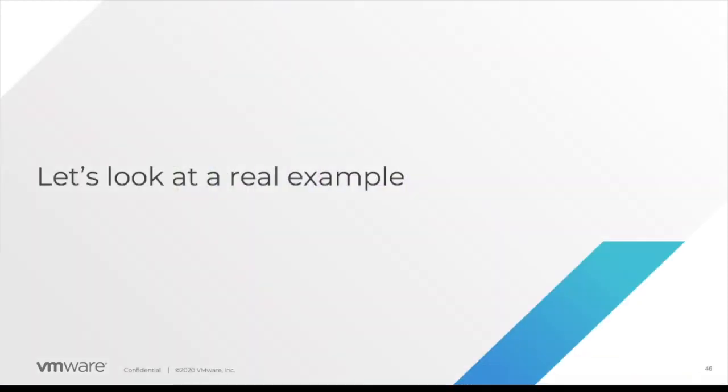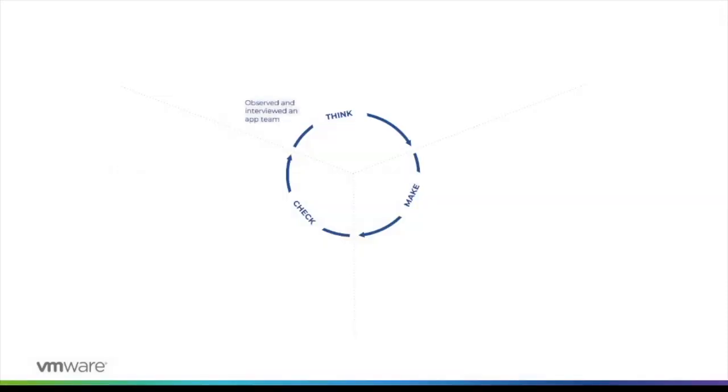Let's put these learnings into a platform-related example. We've observed and interviewed an app team. We've identified a need in the digital team to have a self-service portal for VMware Tanzu Kubernetes TKGI.